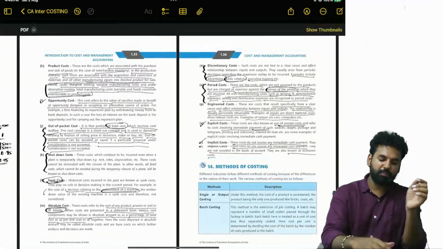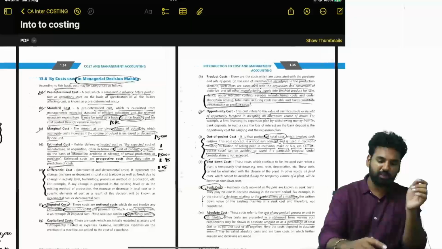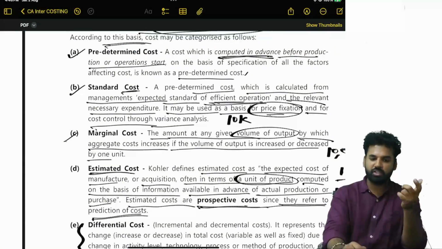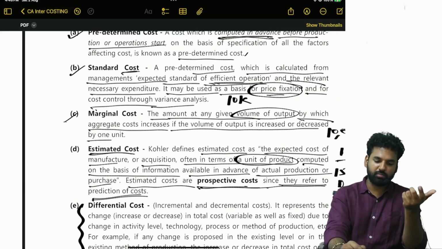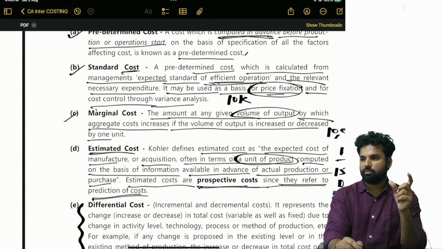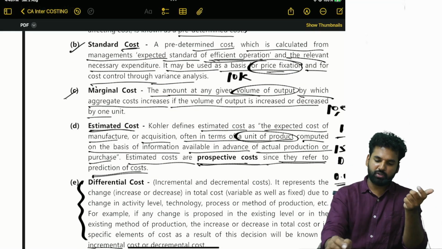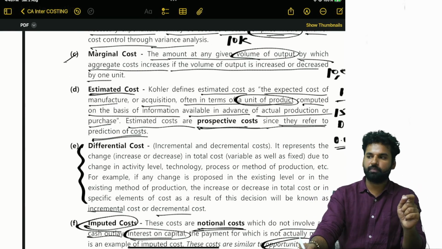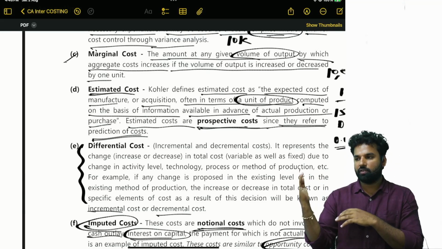So see what that is. Predetermined cost, which is nothing but an estimate. Standard cost, which is a target cost. Marginal cost means change. Estimated cost means it is a prospective cost, a cost prediction. Differential cost is when there is an increase or decrease in the volume.